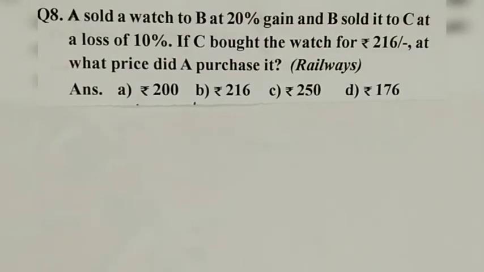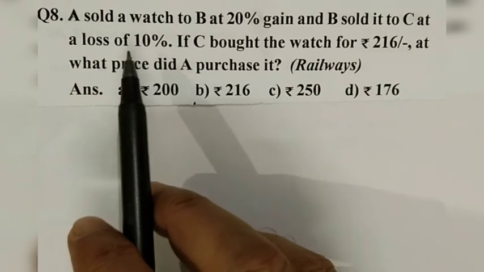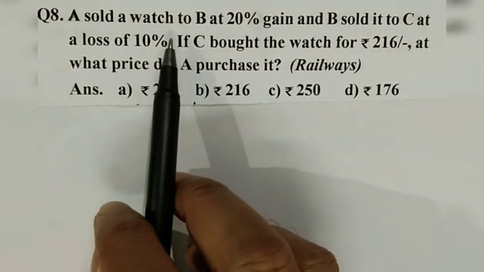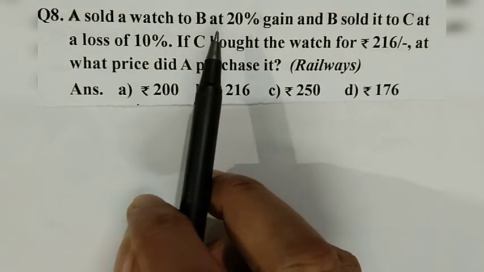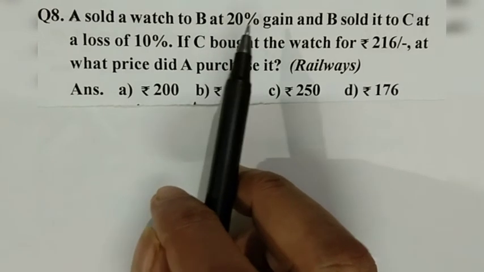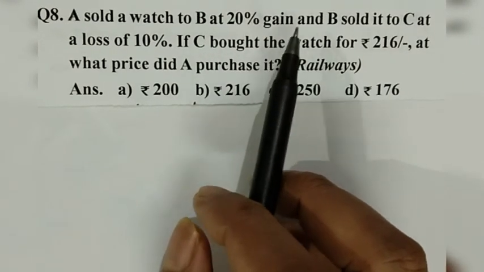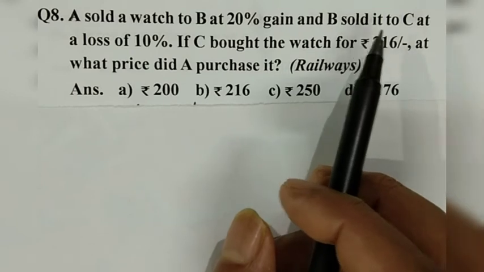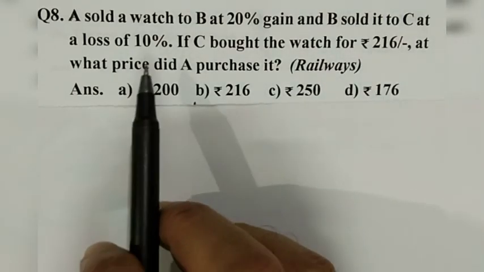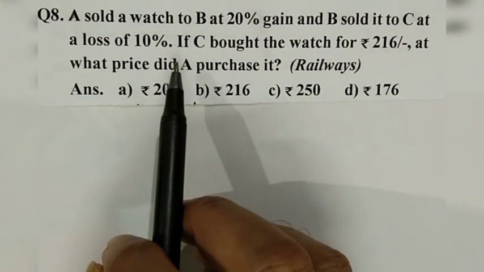Let's see question number 8. A sold a watch to B at 20% gain and B sold it to C at a loss of 10%.